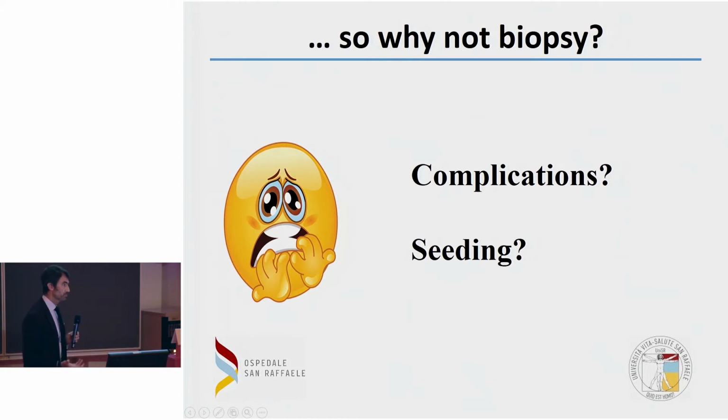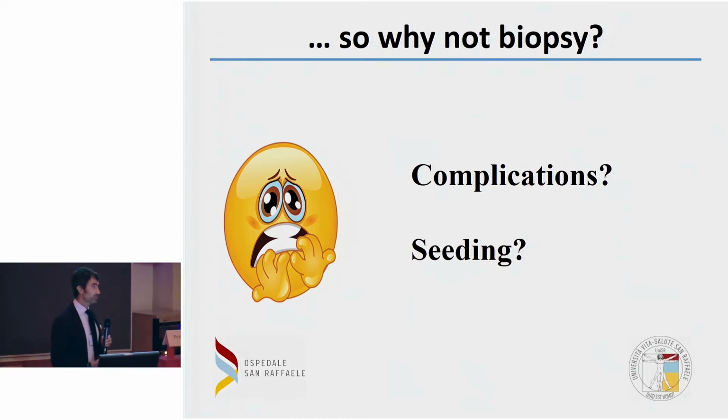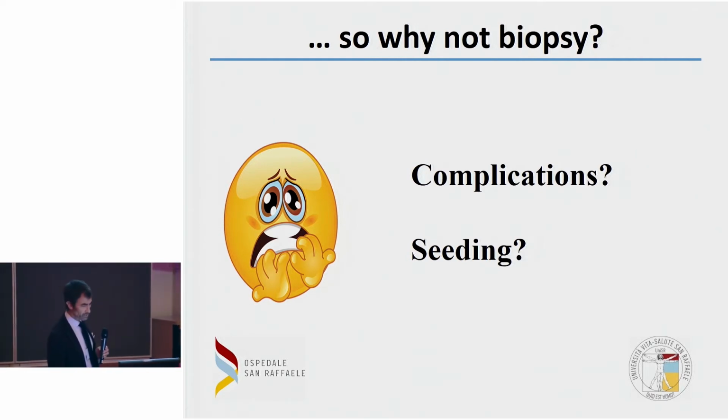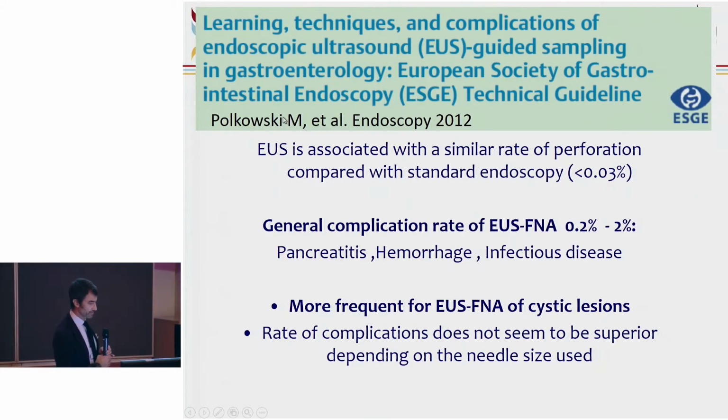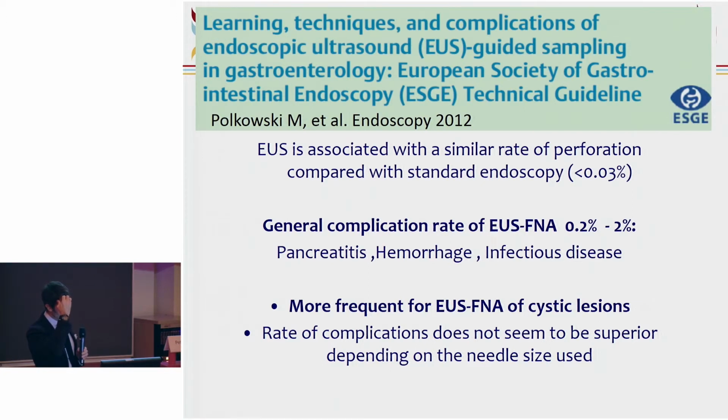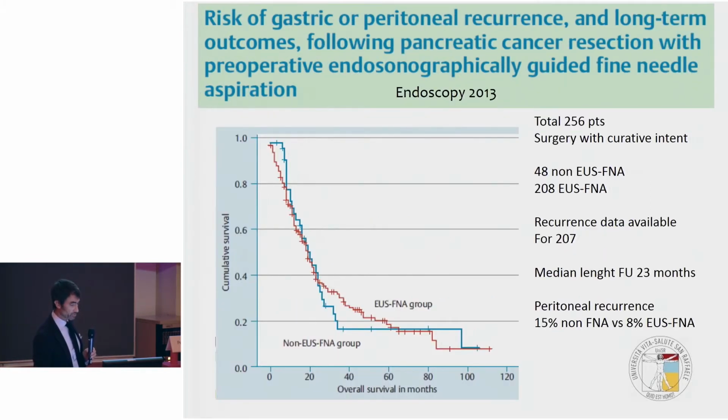So why not biopsy? The problem can be complications or seeding. We know from the literature, from the ESGE guidelines, that general complications are like standard endoscopy, and the rate of complications in EUS-FNA is more frequent in cystic tumors as compared to solid pancreatic tumors.